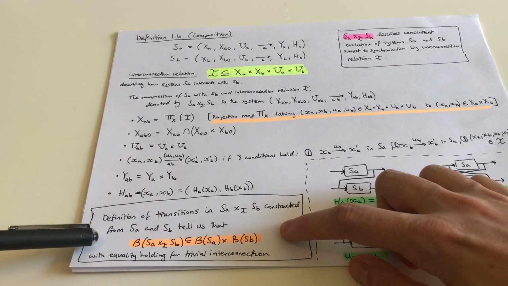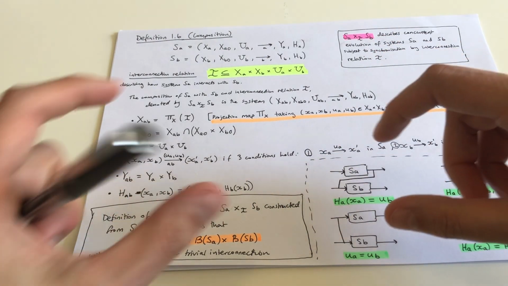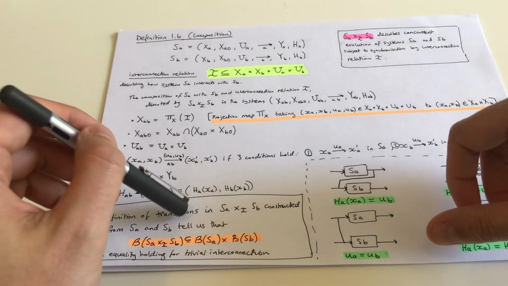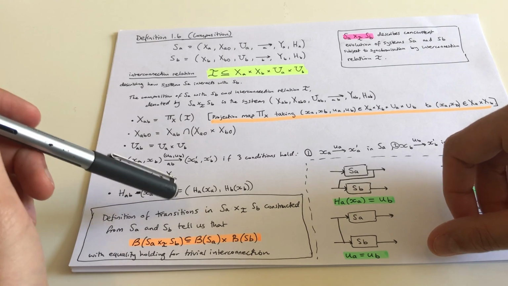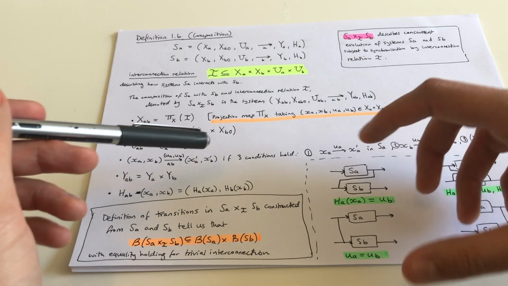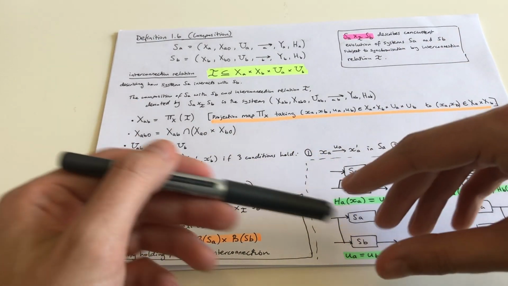So let me try and explain this a bit clearer. If we have two systems which have separate behaviors, if they're only weakly coupled to one another, then in many ways there'll be almost no restrictions on either system based on how they operate.